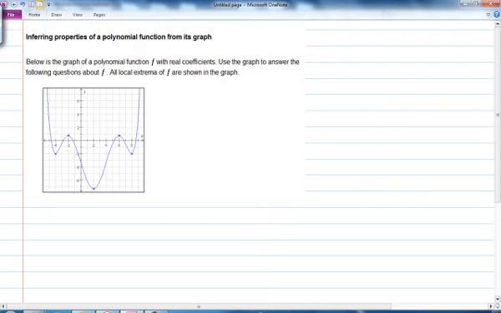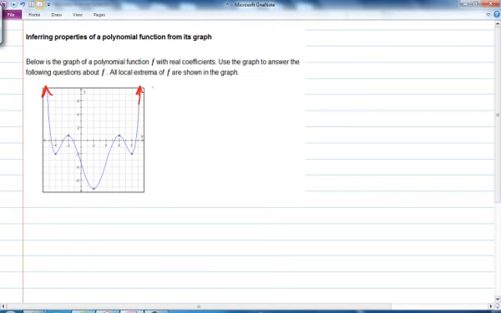And looking at this polynomial function graph, we see that it opens up on both sides of the y-axis, and by that I mean it leaves through the first and second quadrants.